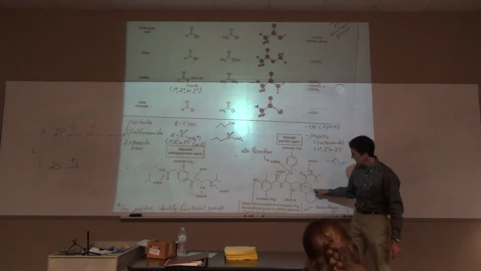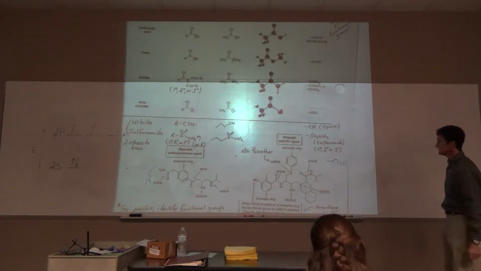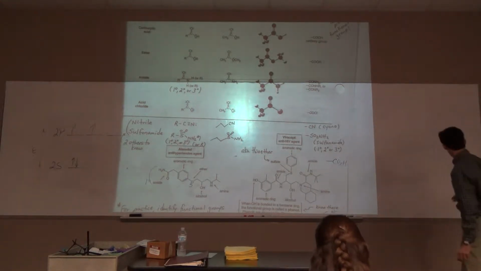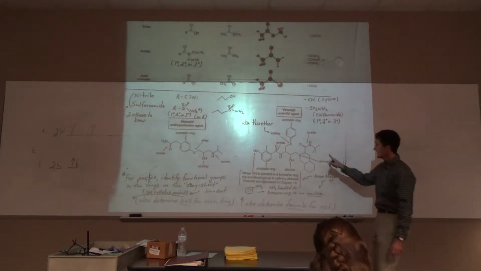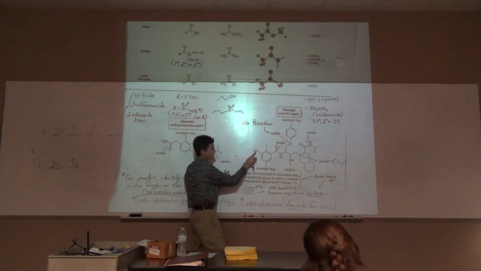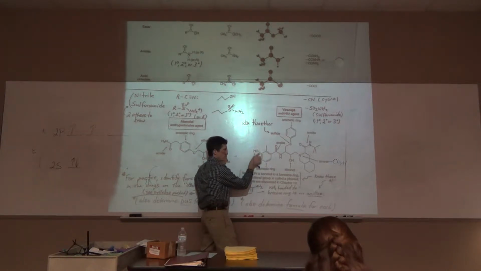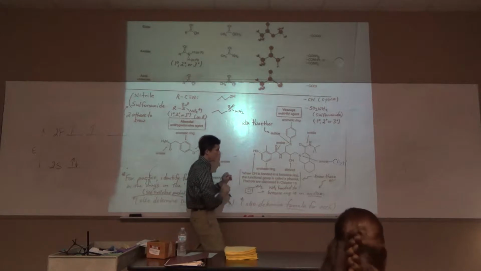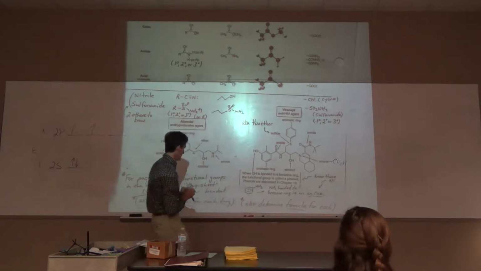Other functional groups here. A couple of other ones here I want you to know. Some special alcohols. Right here. If the OH group is on an aromatic ring, it's an alcohol, OH and then a carbon. It's a special name. It's called a, where's it at?